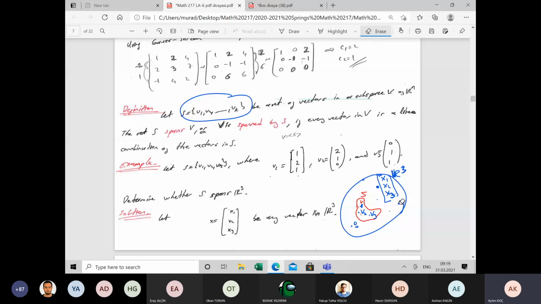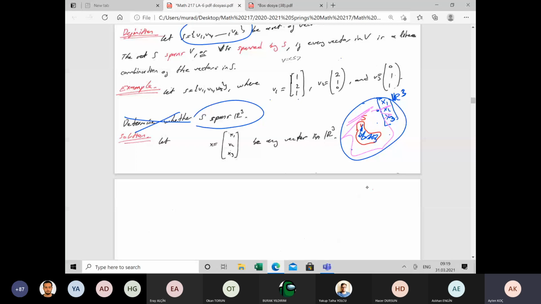We know that S spans R cube, contains 3 vectors, and these vectors generate the R cube space. This one generates all of them. But in the second one, the same space, take only v1 and v2. It is not possible to generate some vectors, for example 0, 0, 1, because 0, 0, 1 is not a linear combination of v1 and v2.